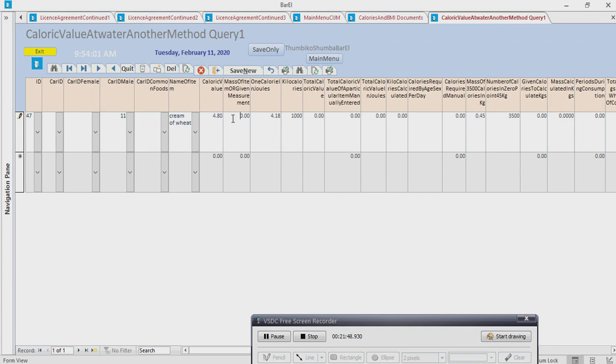Mass is 10. Calories required by X is 1800.